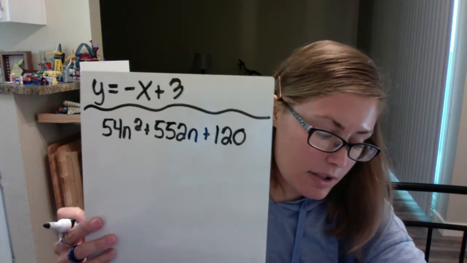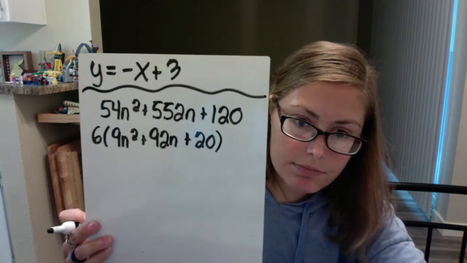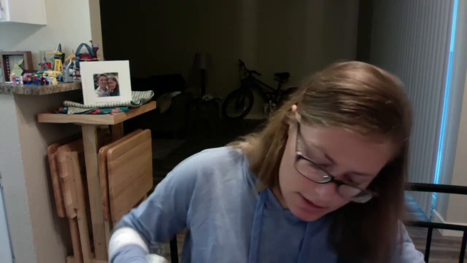Start by factoring out a 6. When we do that, we get 9n squared plus 92n plus 20. Then factor. So we have 6 times the quantity of 9n plus 2 times the quantity of n plus 10.